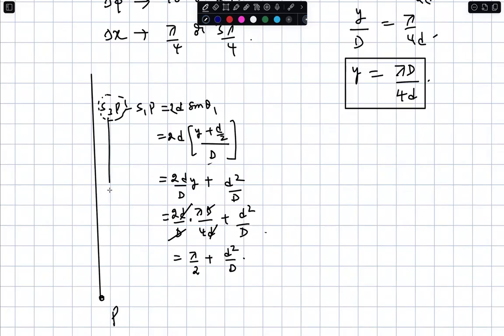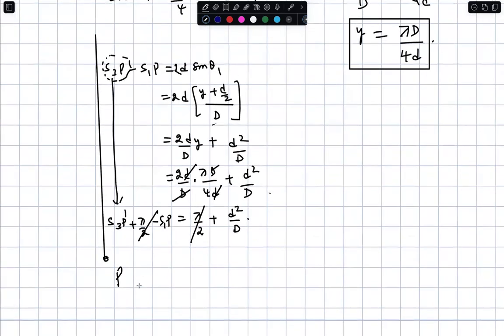But now you bring your picture here. It is actually S3P dash plus lambda by 2 minus S1P. So clearly S3P dash minus S1P is d square by capital D.